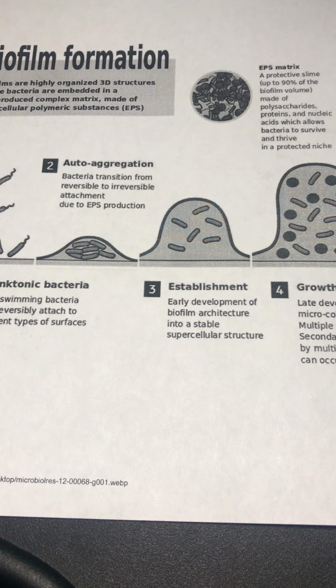And fourth, you have the growth, the late development of microcolonies or secondary colonization by multiple species, which can occur. And the sanctuary that happens underneath, which is impenetrable in many cases by modern day antibiotics. So that creates a real problem within medicine.